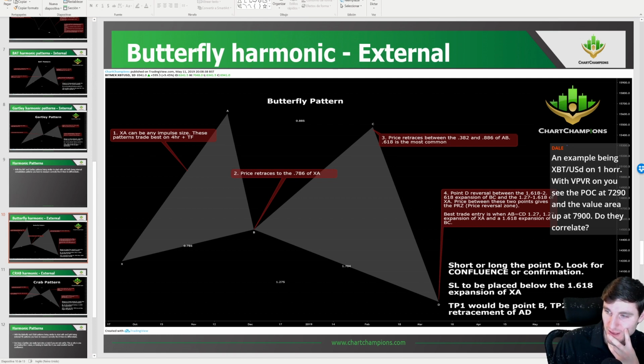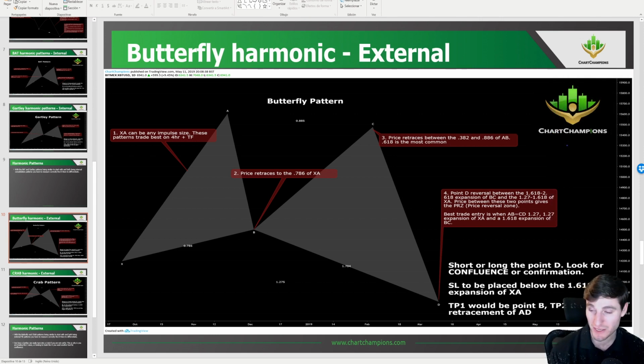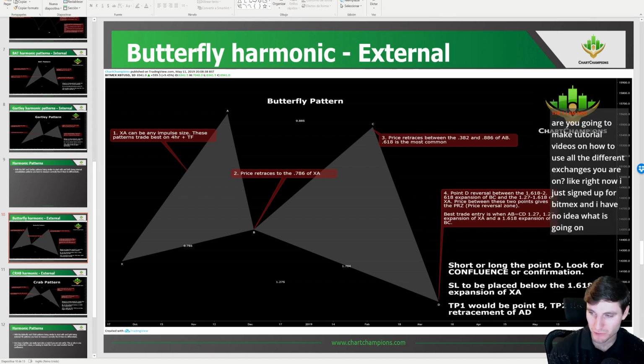How relevant would the POC on volume profile be? Yeah, really good confluence. If you see, for example, point D coming down to the POC, that's obviously a really good confluence to have. So yeah, POC is a brilliant confluence, or just a high volume node.